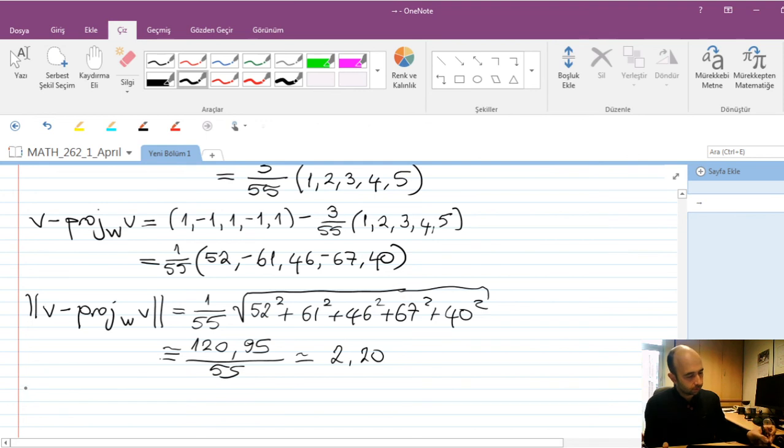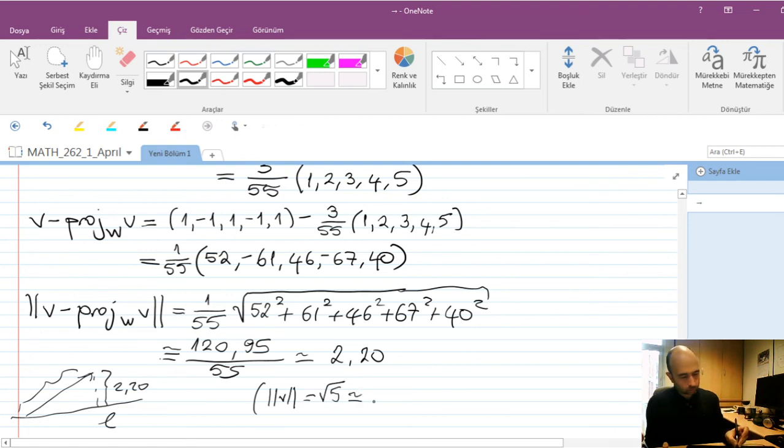Now let's try to see if this makes sense. Here is L. This distance is something like 2.20. The length of V was (1, -1, 1, -1, 1), so the length of V itself is square root 5, which is around 2.24.